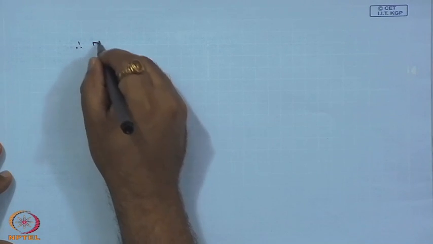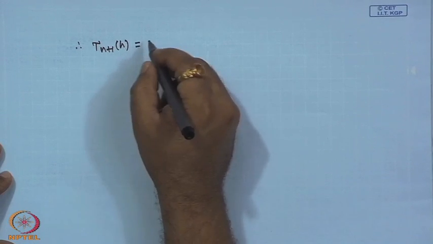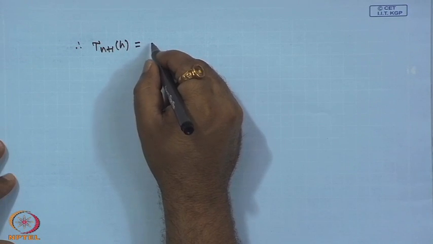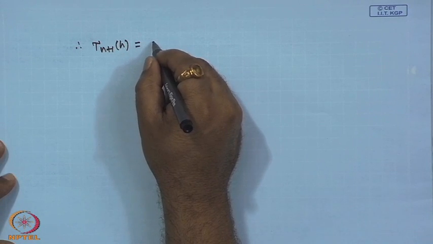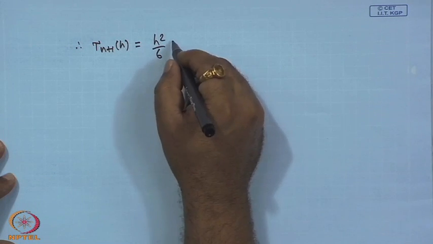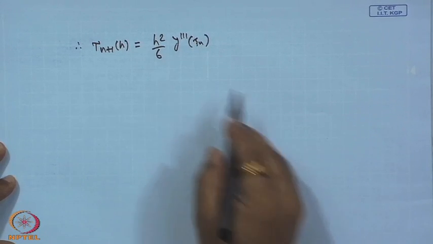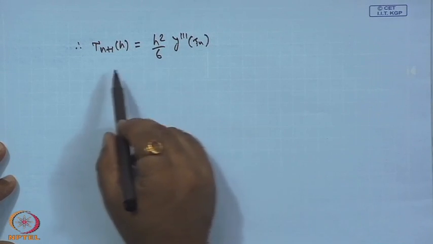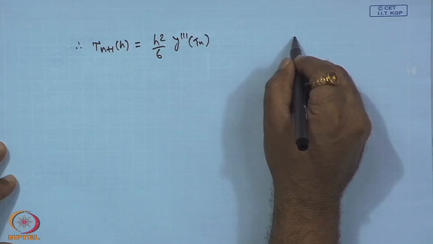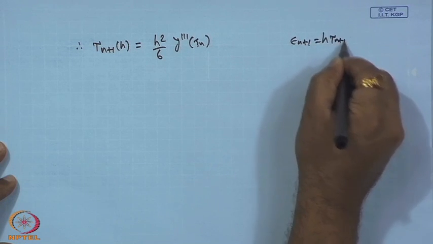So, therefore, this would be h square by 6, because remember we have defined epsilon n plus 1 as h times tau n plus 1.